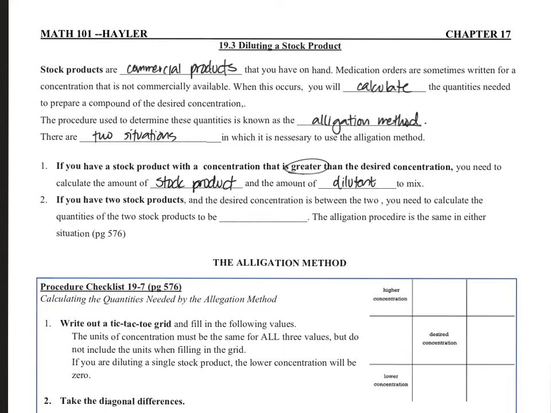So that would be if you're trying to make less. Second, if you have two stock products and the desired concentration is between the two, you need to calculate the quantities of the two stock products to be mixed.